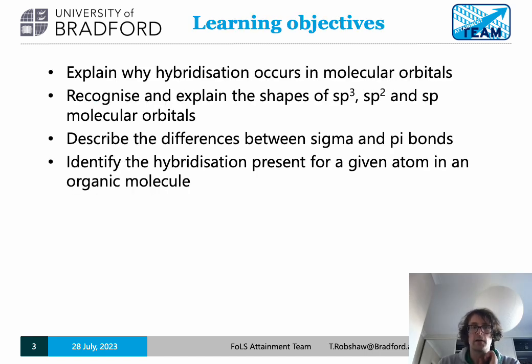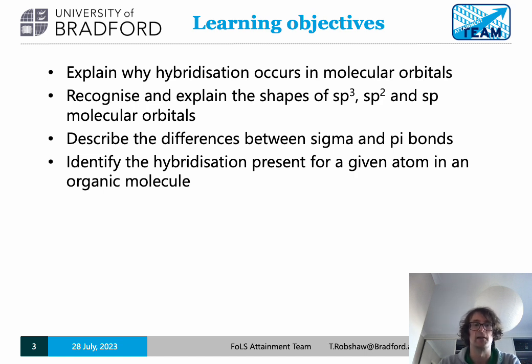So let's just quickly go through the learning objectives for this session. You're going to learn how to explain why molecular hybridisation occurs in molecular orbitals. We'll introduce the shapes of different types of hybridised molecular orbitals: sp3, sp2 and sp.